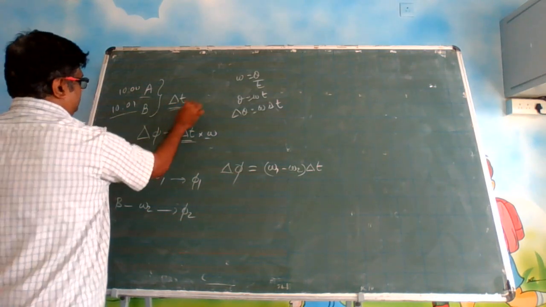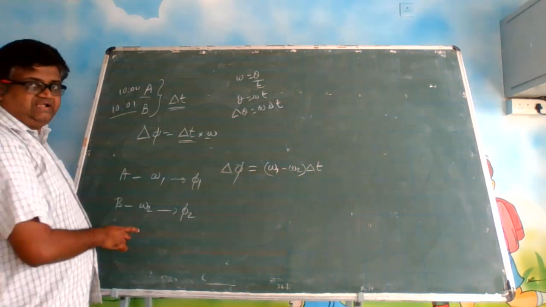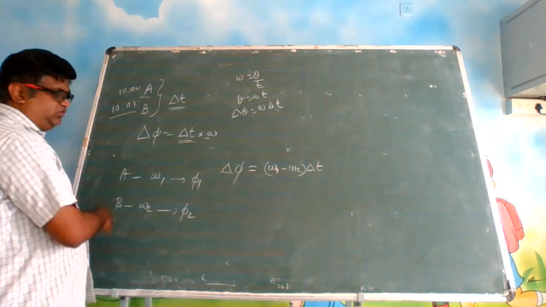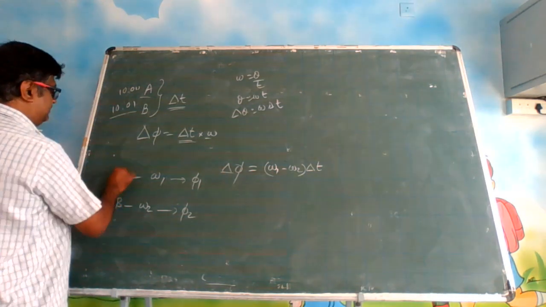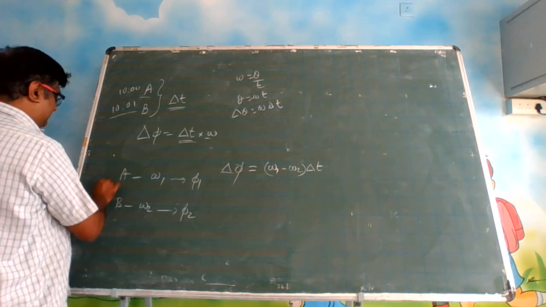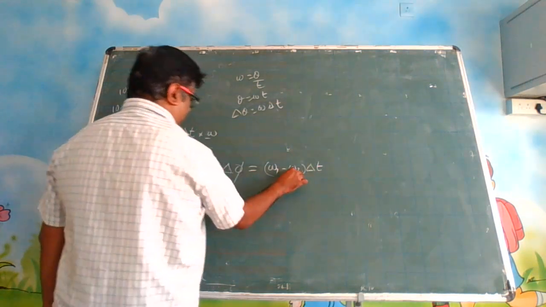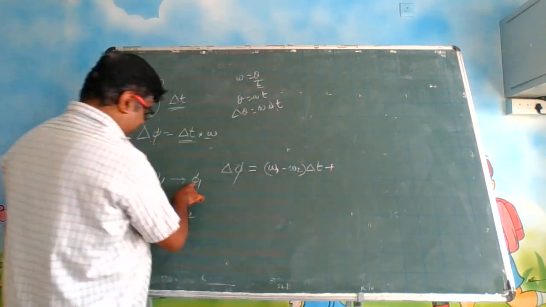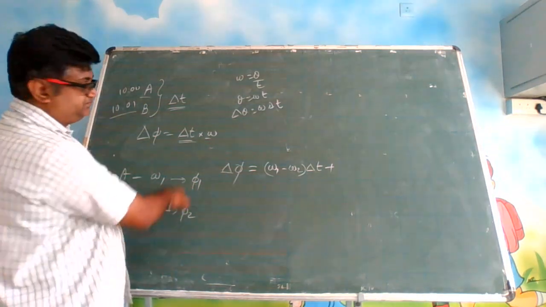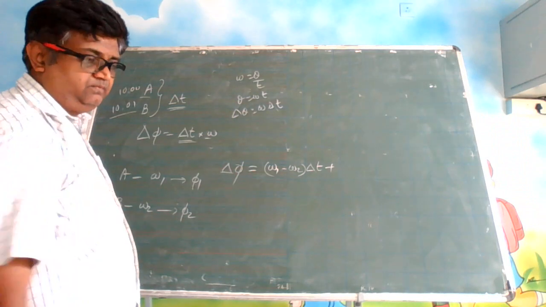Same situation. Here the omega values were equal. Here the omega values are not equal. So how to find the phase difference? Here also B is happening delta t after A. So omega 1 minus omega 2 into delta t, plus there is an initial phase difference also. Remember the previous one I told you.